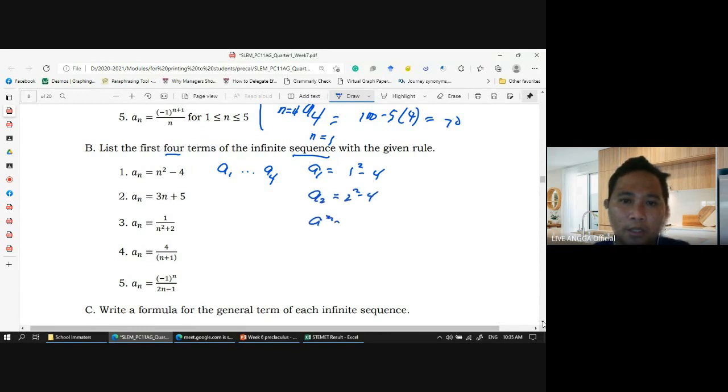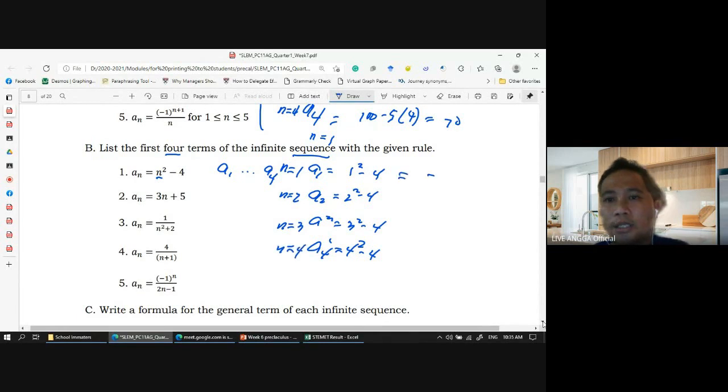A sub 3, that is 3 squared minus 4. Ang a sub 4 is 4 squared minus 4. Kay n man is n is 1, n is 2, n is 3, n is 4. Okay? So this one is negative 3, this one is 0, this one is 5, this one is pila na sa 12. So the sequence are negative 3, 0, 5, and 12. So those are the sequences.